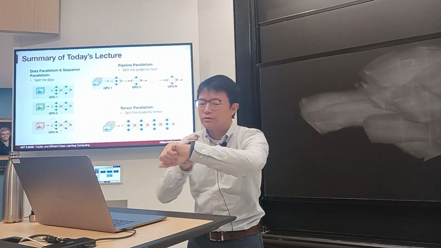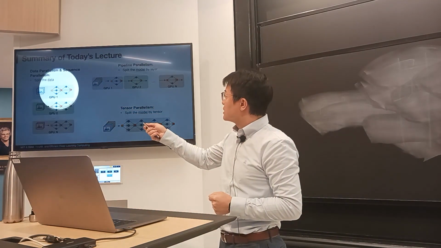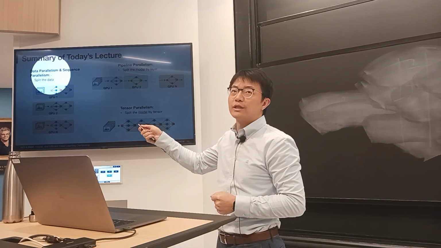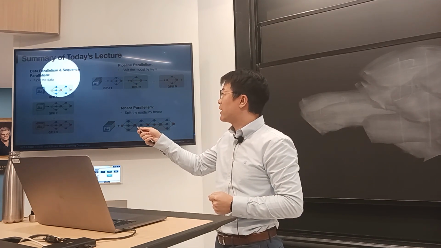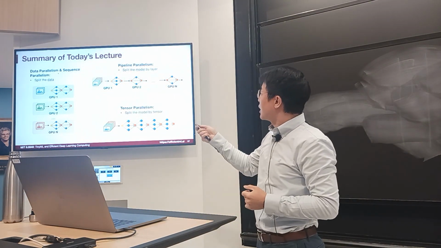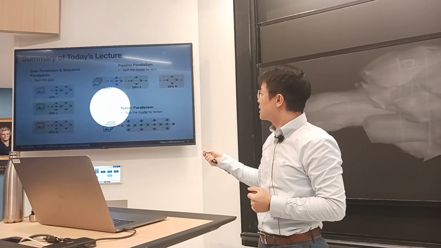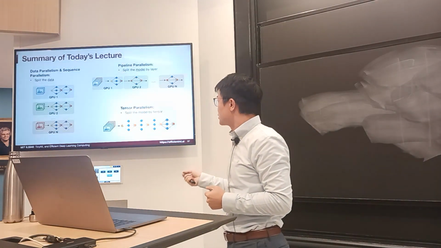To summarize today's lecture, we talked about data parallelism and sequence parallelism. They are both splitting the data. Sequence parallelism is new due to the long context requirement for large language models. We also talked about pipeline parallelism, which splits the model by layer, and tensor parallelism, which splits the model by tensor.